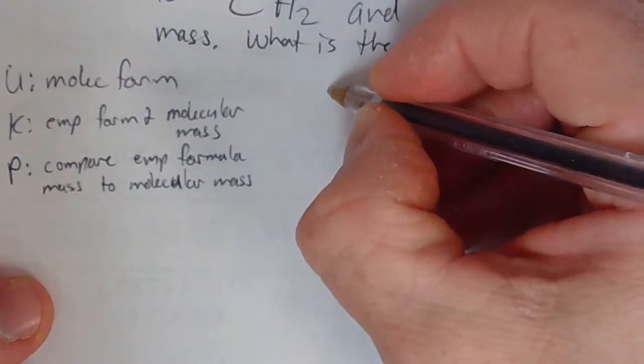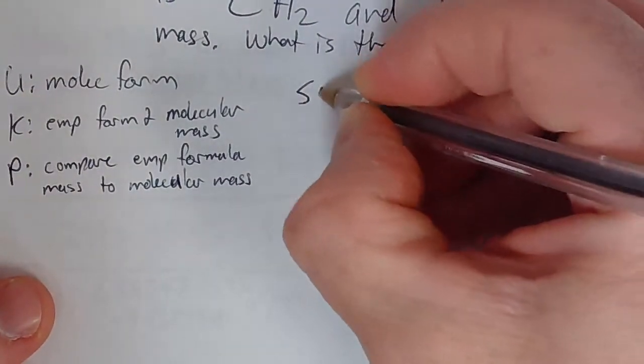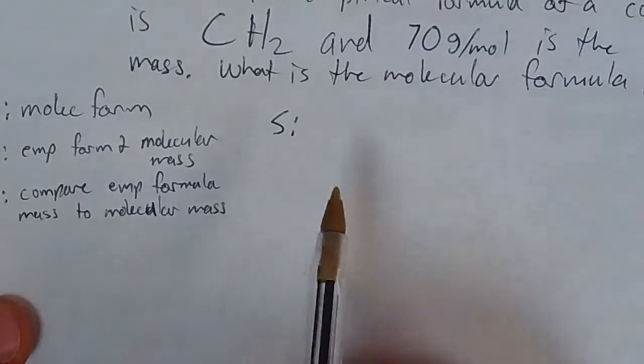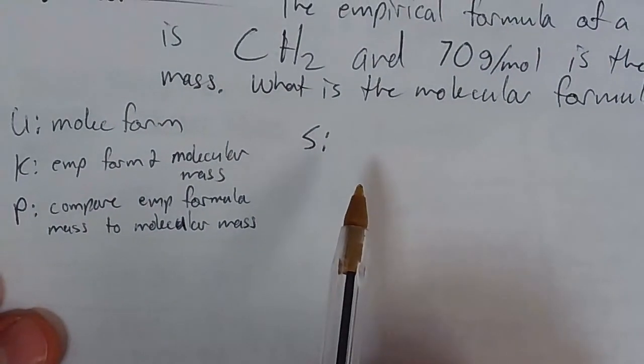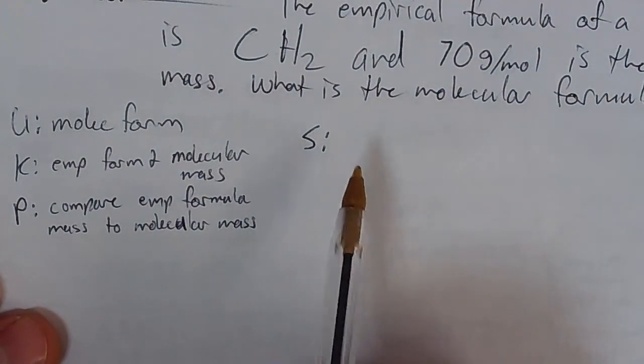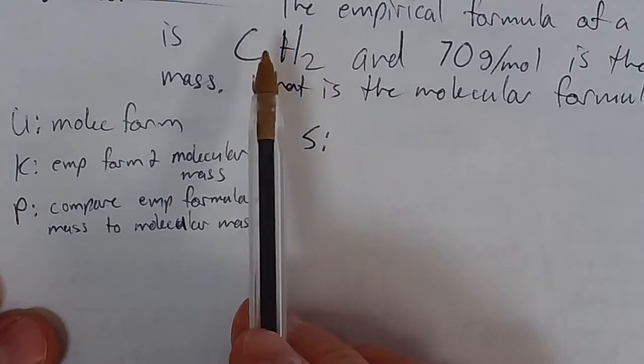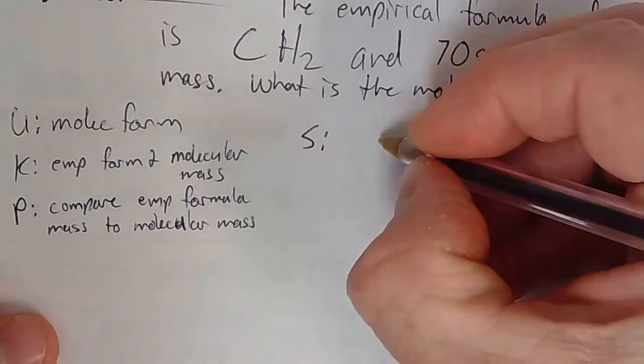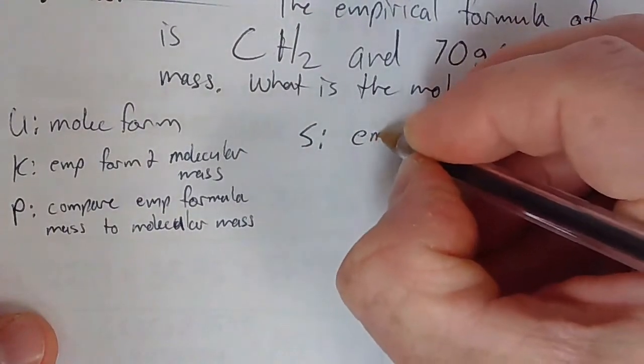All right, in order to do that, what's the first thing I need to do? Yeah, add the carbon and the two hydrogens together to get the empirical formula mass.